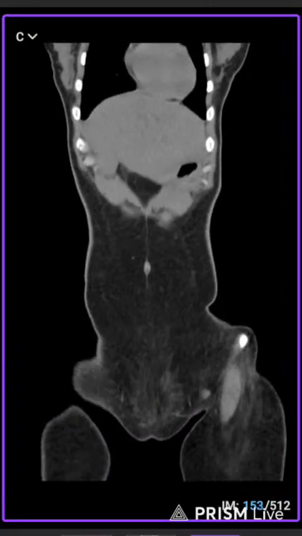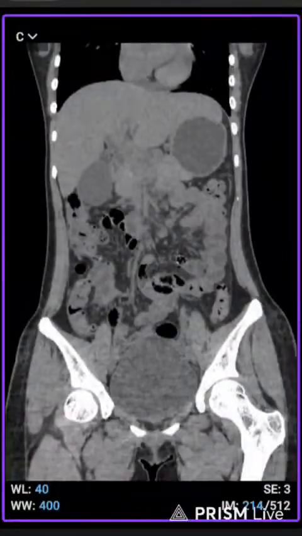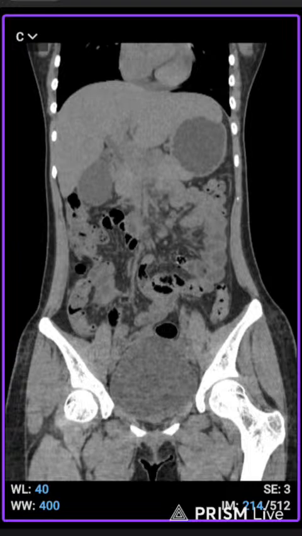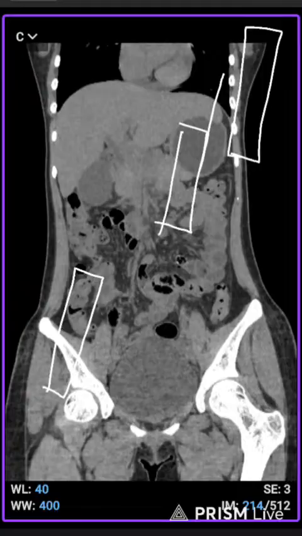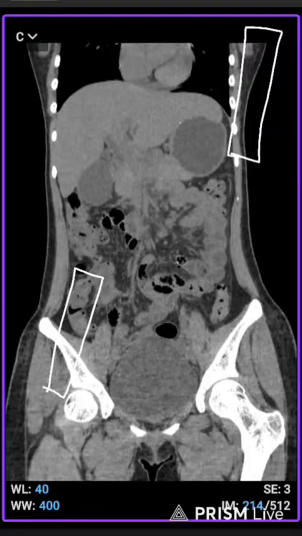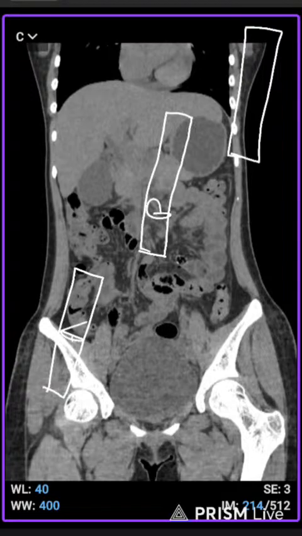So the timing of the plain scan is done. After that you prepare the arterial scan, then the venous scan, and after planning the venous you prepare the portal scan. It's called portal, arterial, venous.